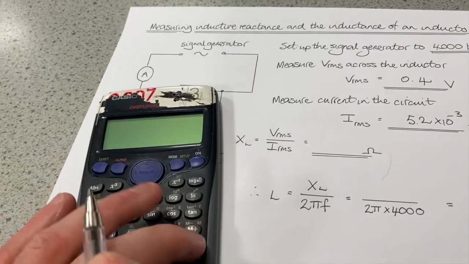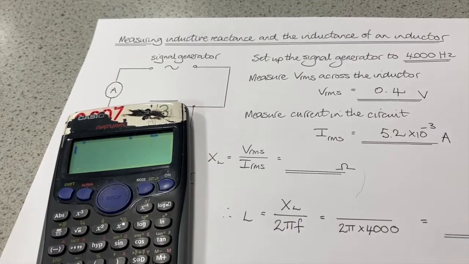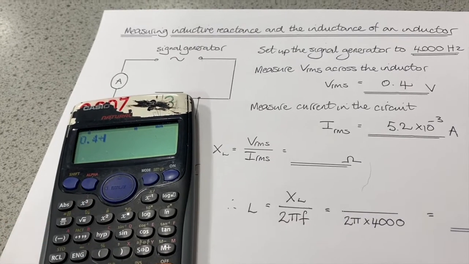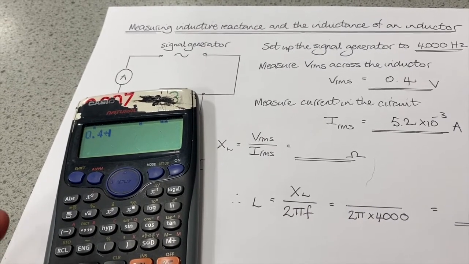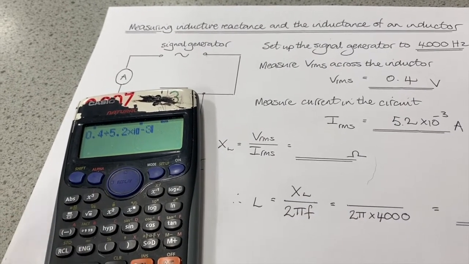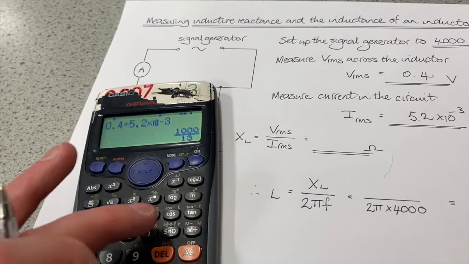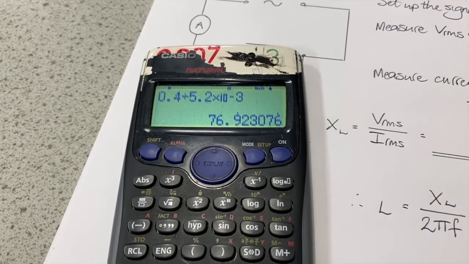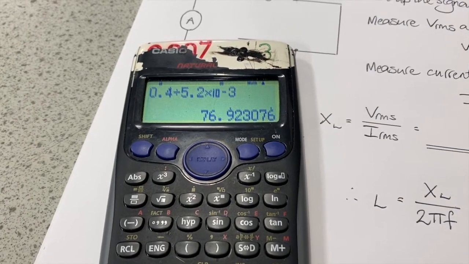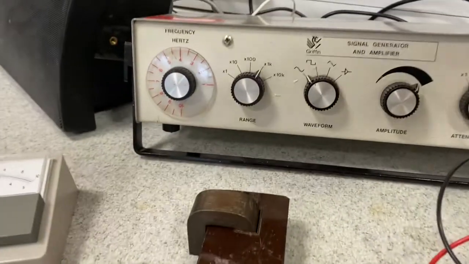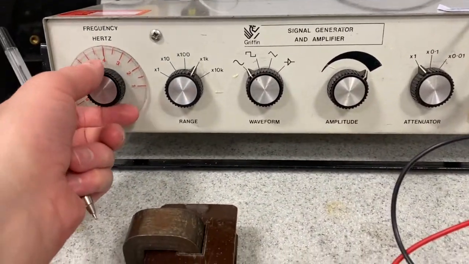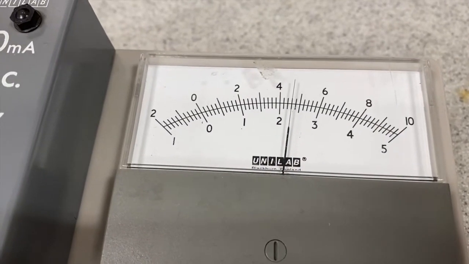Okay. Our inductive reactance then is the RMS voltage, 0.4, divided by 5.2 milliamps is 77 ohms. Now remember, that's only at that frequency. If we increase that frequency, it's going to decrease the current.